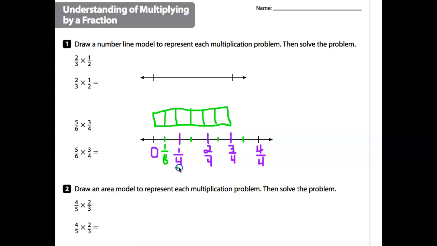1/4 is the same as 2/8. This is 3/8. Okay, this would be 2/4, which is the same as 4/8 and the same as 1/2. Those are all equivalent.